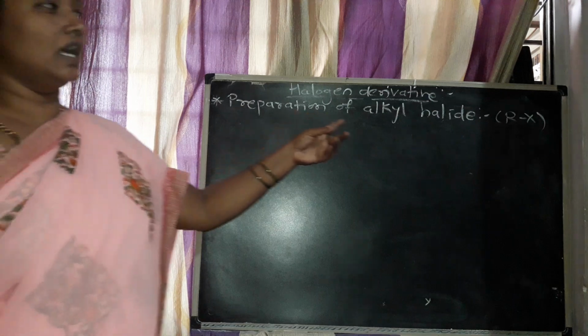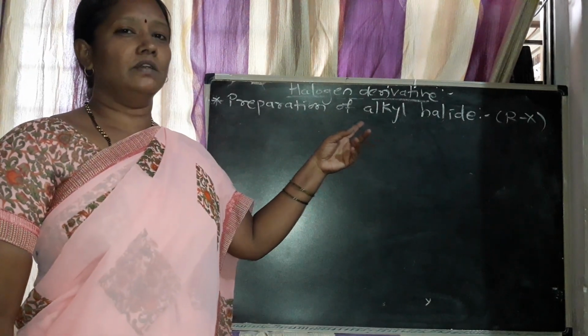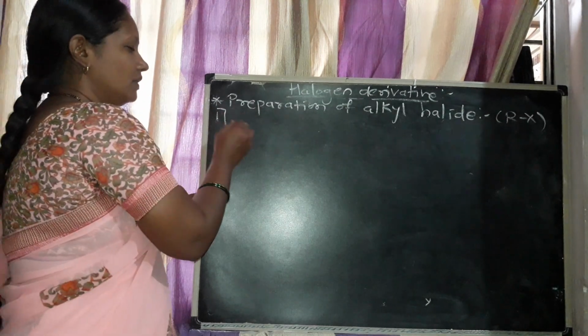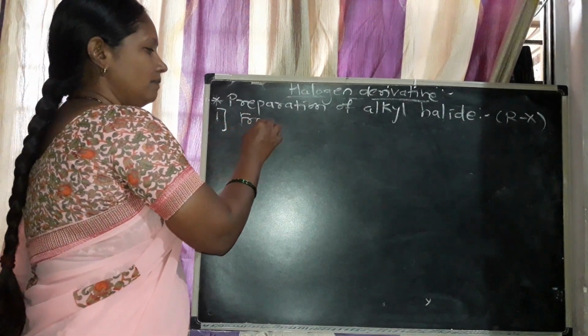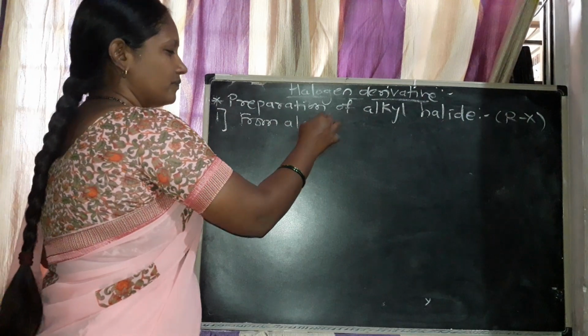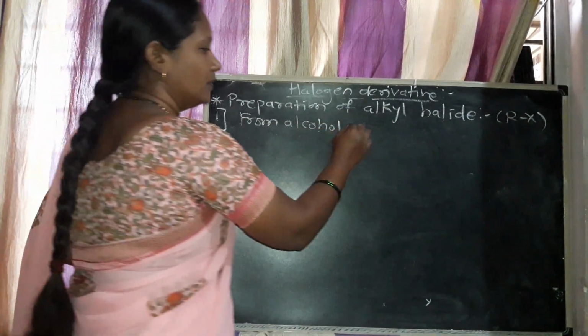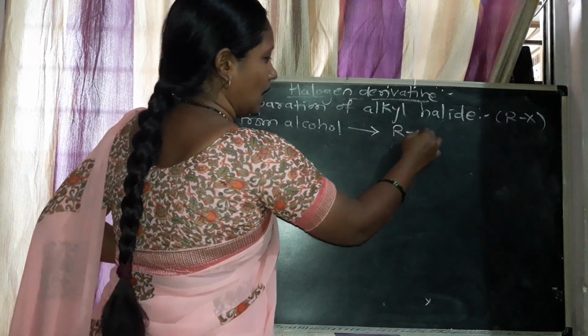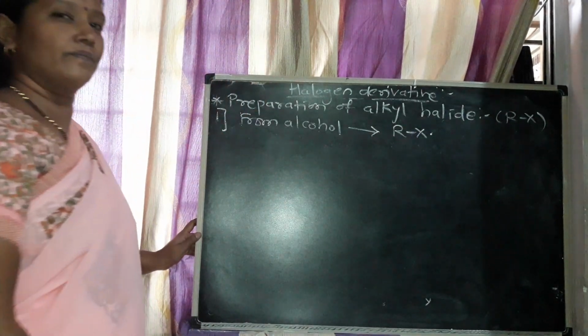Now these alkyl halides we can prepare by different methods. Out of this, first we can start from alcohol. From alcohol we can convert the alcohol into alkyl halide.